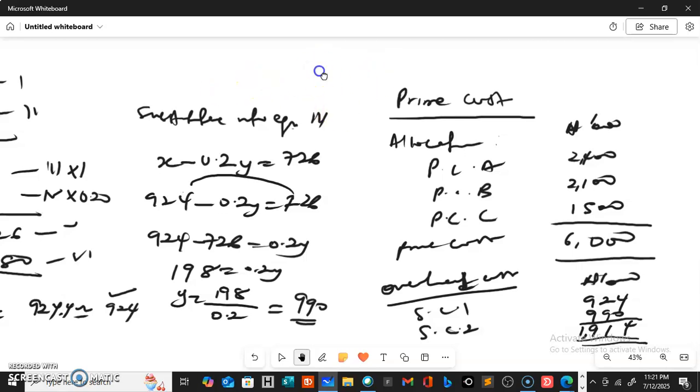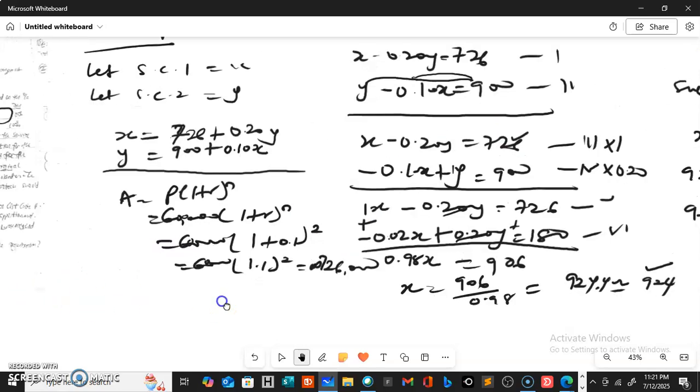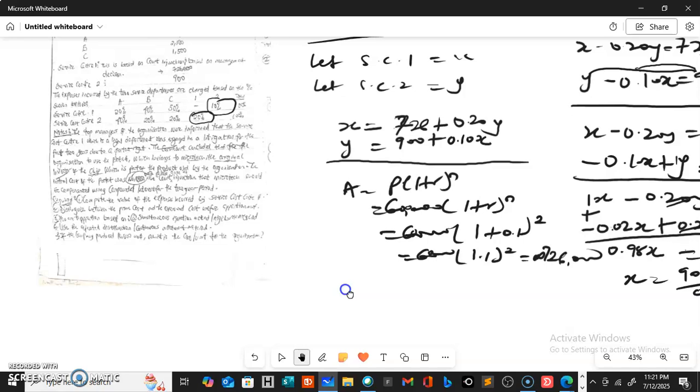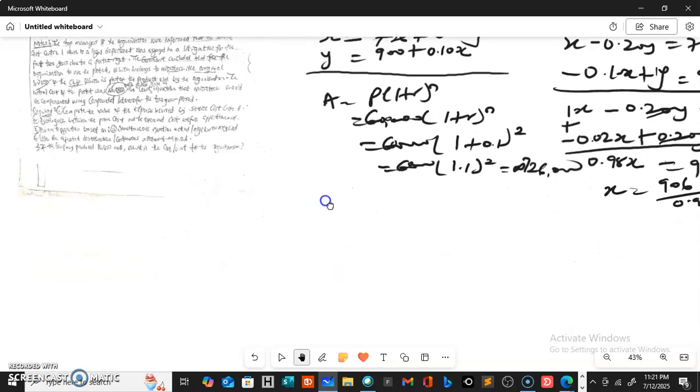So let's move on to the third question. We were told that we should apportion based on the simultaneous equation and also the reducing balance method. We're going to be using the simultaneous equation method, which we have apportioned already.